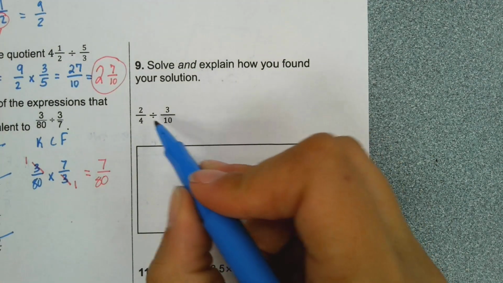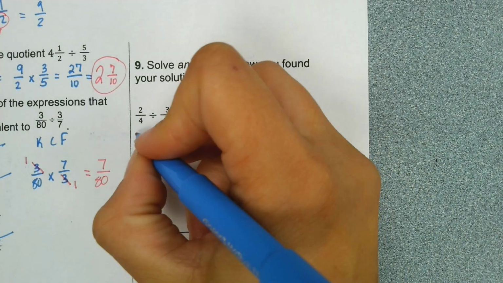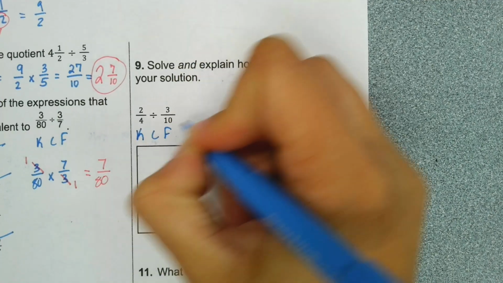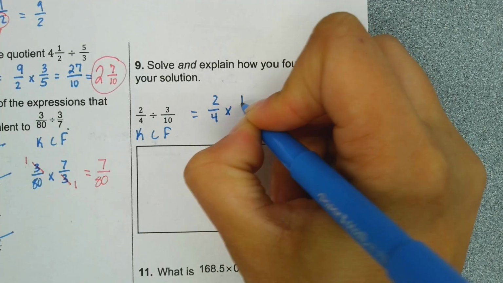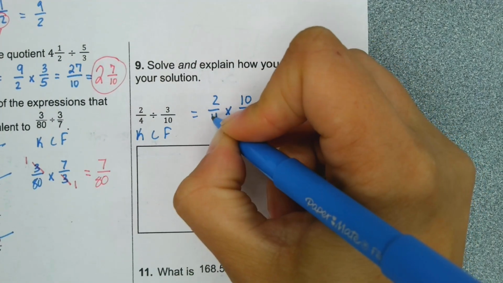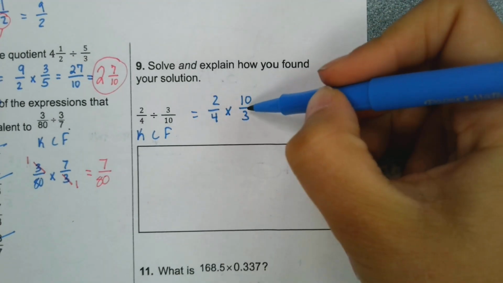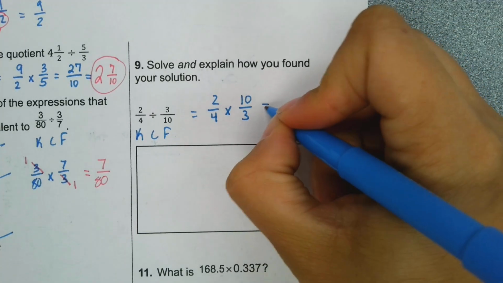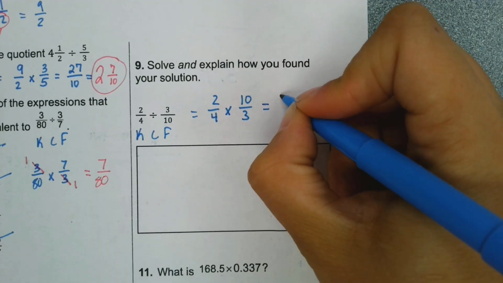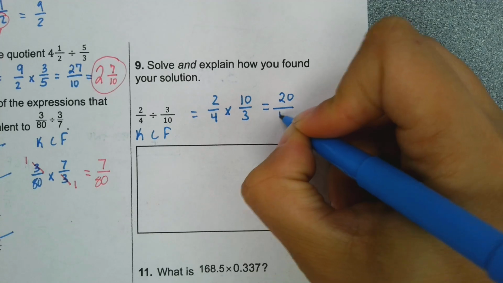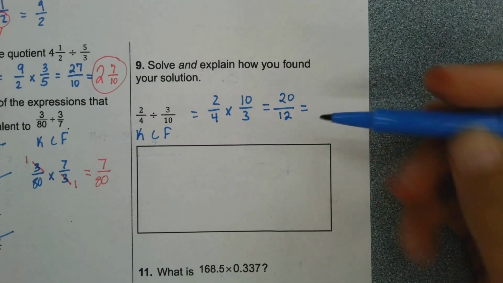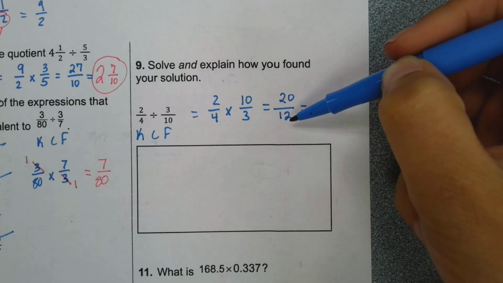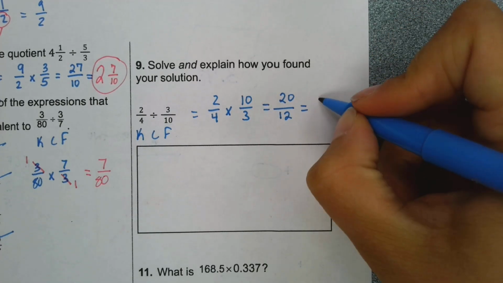Question 9 starts as dividing fractions. So we're going to keep change flip and make that 2 over 4 times 10 over 3. Keep the first fraction the same, change to multiply, flip the second fraction. Now I'm going to multiply straight across. 2 times 10 is 20. 4 times 3 is 12. And if I put that back into a mixed number, since the top is larger than the bottom, 12 goes into 20 1 time.